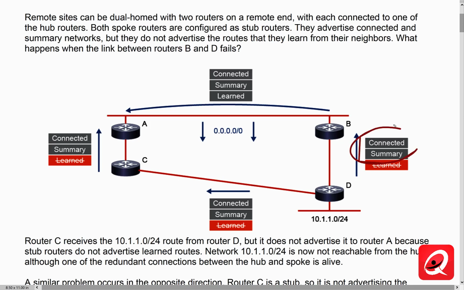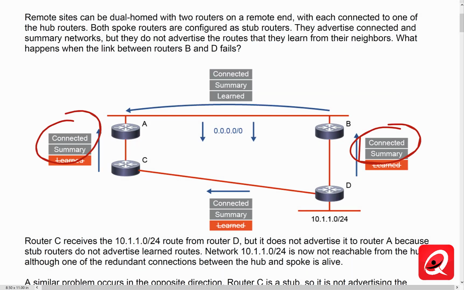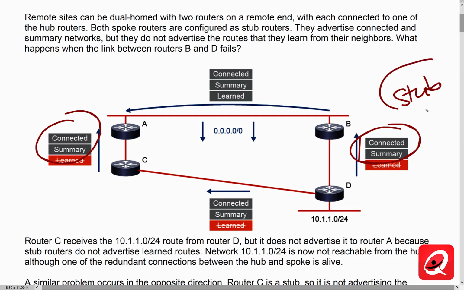So you can see here, connected and summary are the only routes being advertised back to router A from C and back to router B from D. That happens to be, by the way, the default if you just say EIGRP stub. Connected and summary routes get advertised.